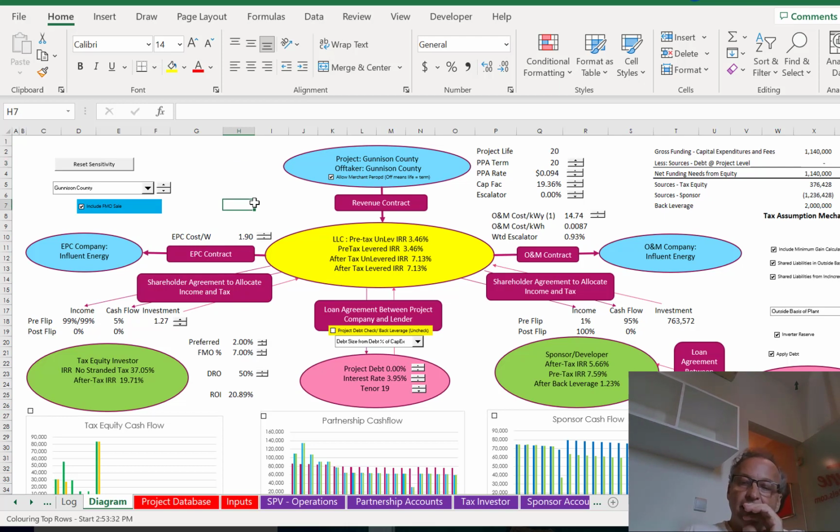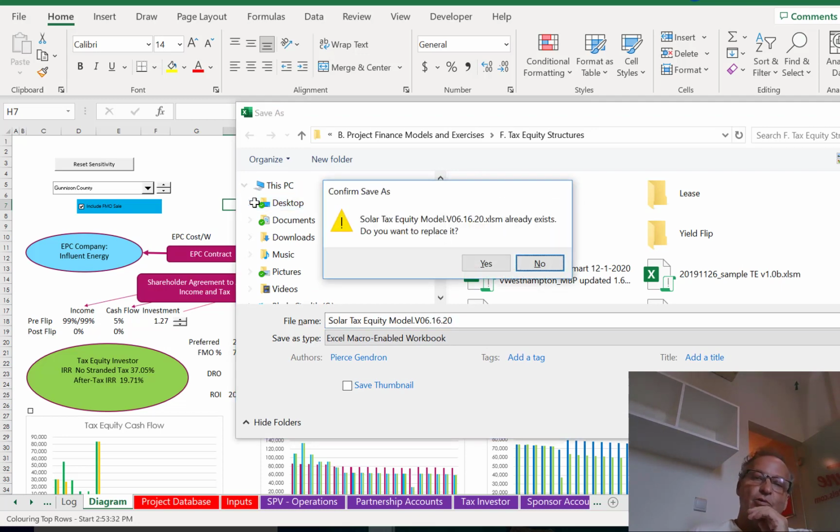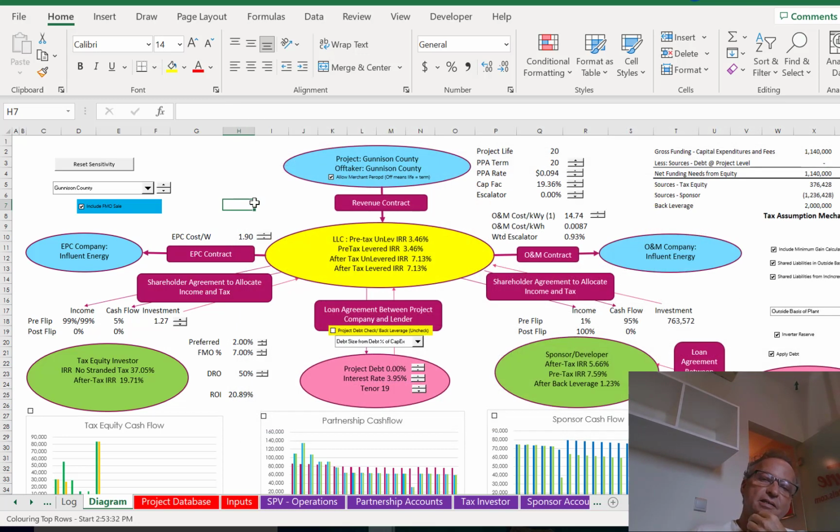Okay, I'm saving this one because this is a little bit better. So the idea is we're going to work on the yellow box, and then we're going to take this cash flow, this partnership.